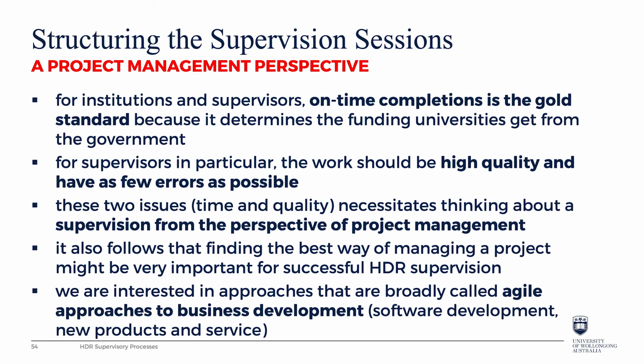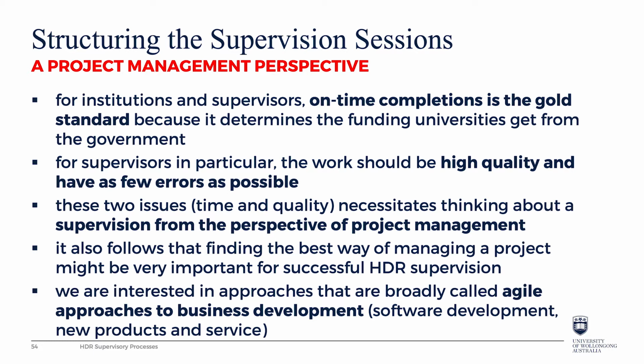When it comes to project management, the gold standard for institutions and supervisors is on-time completions. And for supervisors, we want the work to be high quality, we want as few errors as possible. And these two issues of timeliness and high quality really necessitate thinking about supervision from the perspective of project management.